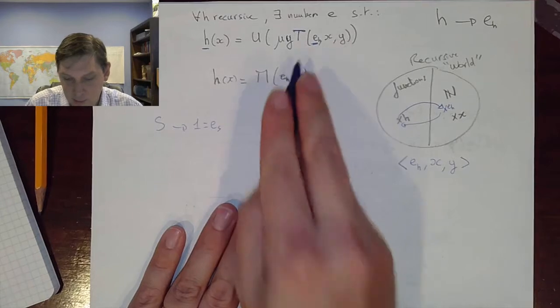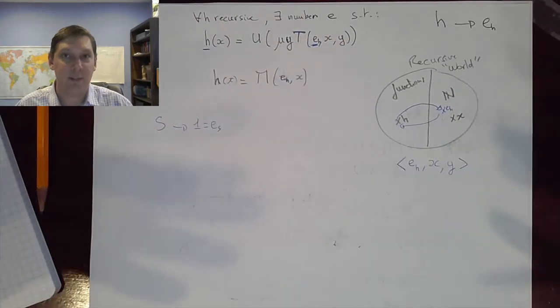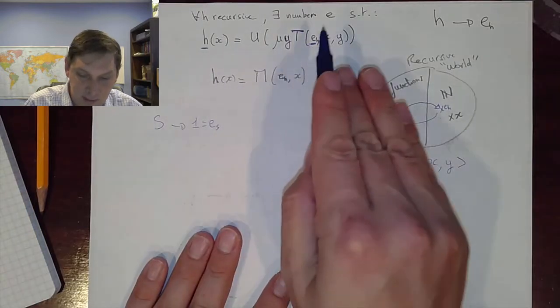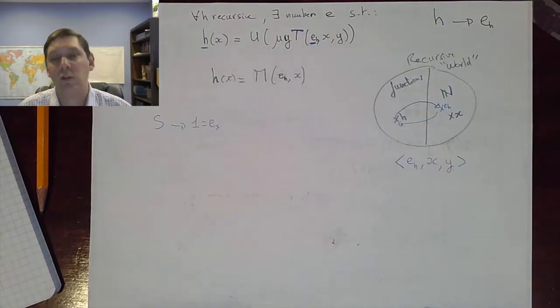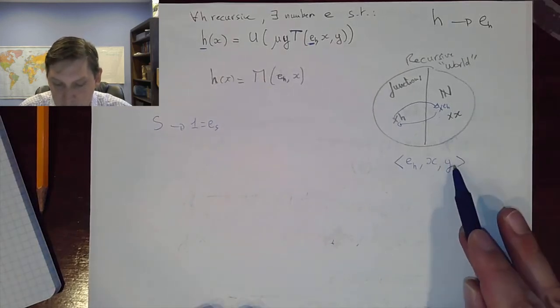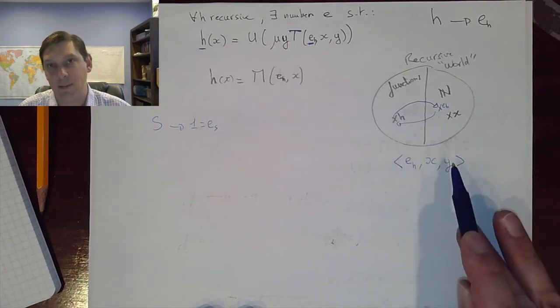T is going to take e, x, and y and put them together in some sense, associate e with x and with y, in such a way that only under certain conditions can you say that y is the result of applying e to x.